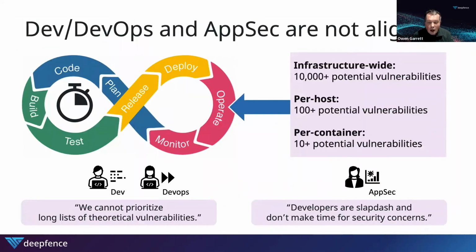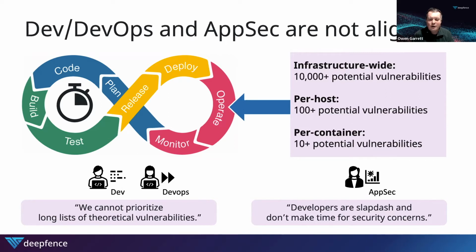And so, how do we align the activity and the KPIs of Dev and DevOps with that of the app security team? Our development teams are iterating as quickly as possible to bring new features to market, and they want to automate everything that can possibly be automated so that they only need to focus on the key value-add activities.